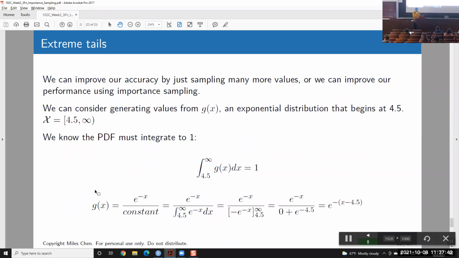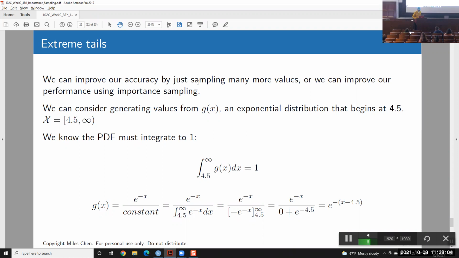We can try to improve our accuracy by just sampling a lot more values. So instead of generating a million values, maybe I generate 100 million values, maybe 1 billion values, something like that. Or we can try to do importance sampling.